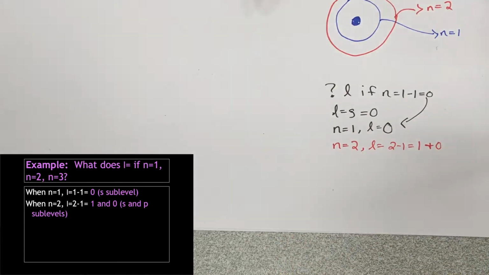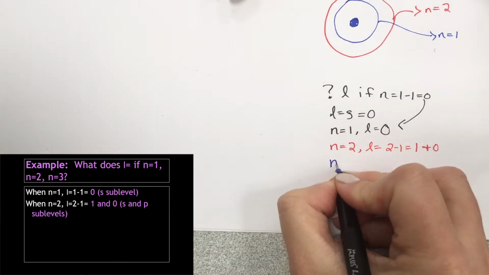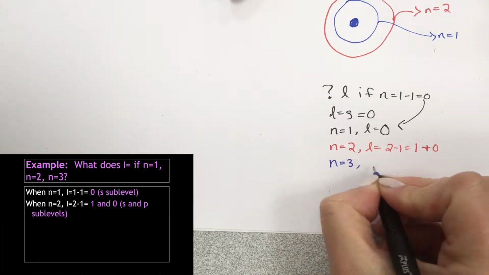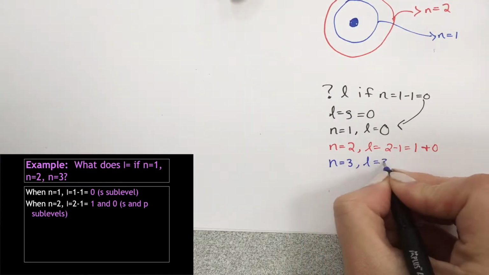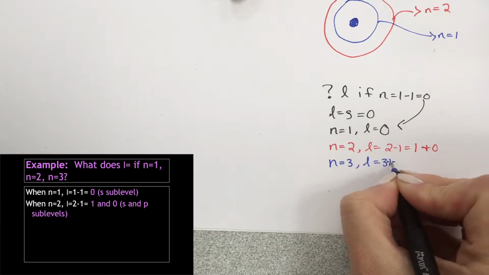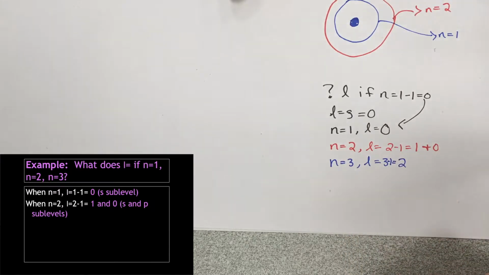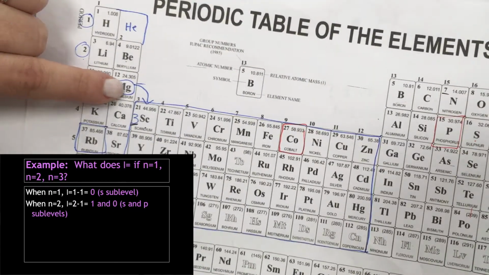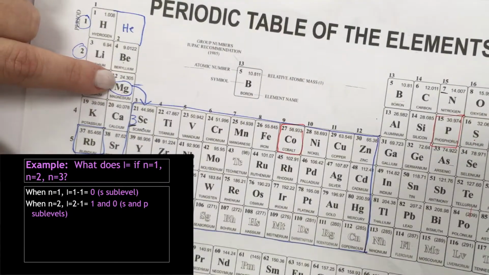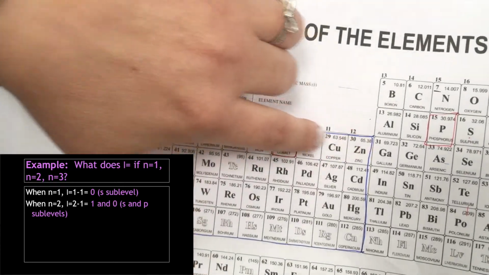If n equals 3, L will for sure equal 3 minus 1, so L will equal 2. So in the third energy level, 2, remember, is the D orbital.